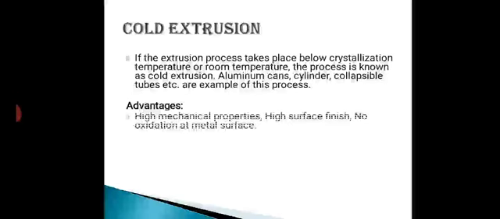It improves mechanical properties such as tensile properties, and gives high surface finish because the soft metals are pushed by the ram inside the container. There is no oxidation at the metal surface.